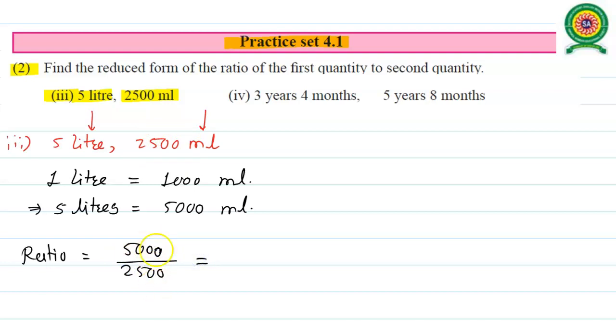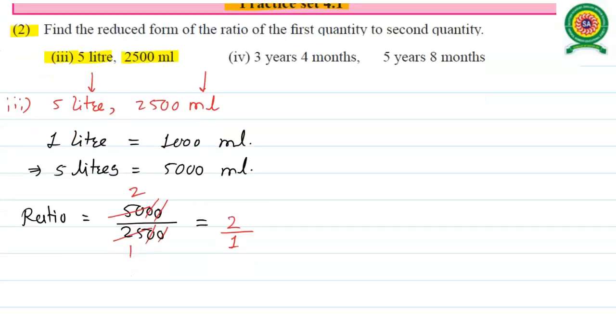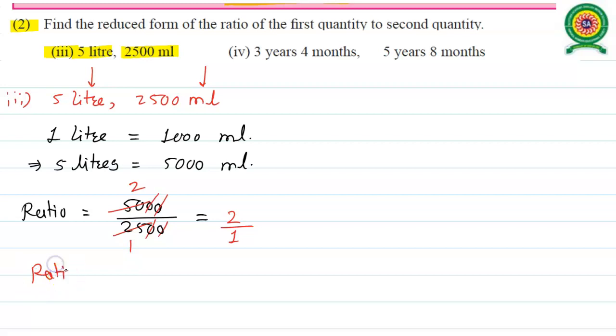Both are having the same unit now, ml and ml. Then we can form the ratio. The two zeros from numerator and denominator get cancelled. 25 twos are 50. So the ratio is 2 divided by 1, or simply 2, or you may write it as 2 is to 1.